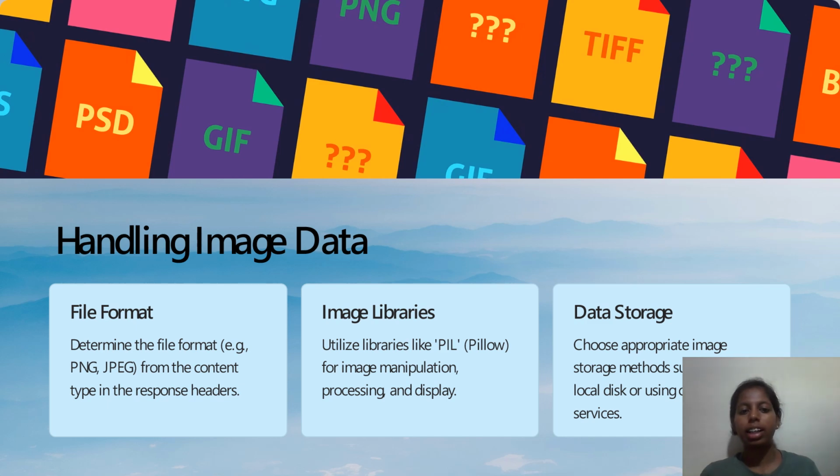Now let's see handling image data: file format, image libraries, and data storage. In file format, determine the file format, for example PNG or JPEG, from the content type in the response headers. First we have to know which type of file format is present, like JPG, PNG, and other formats.